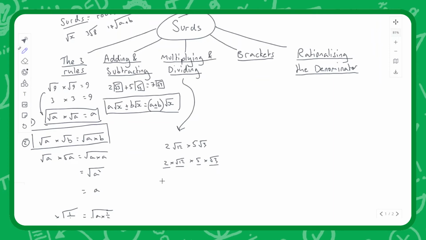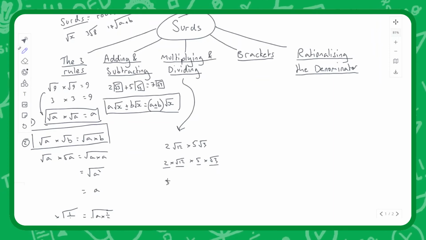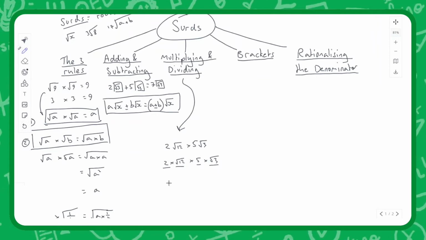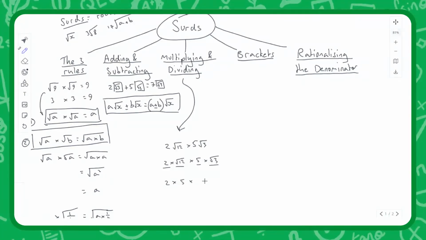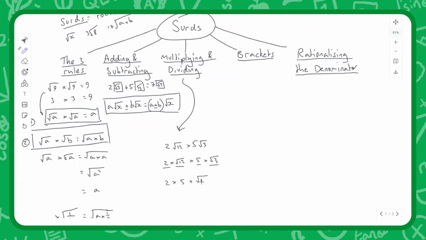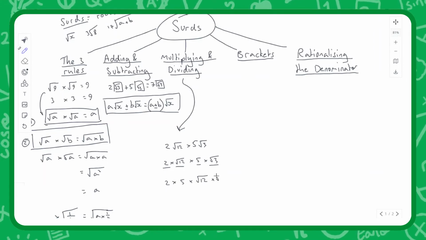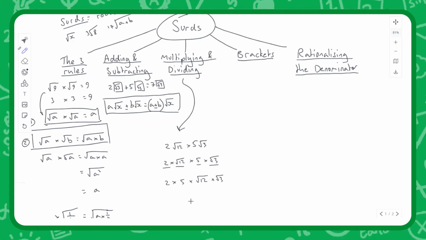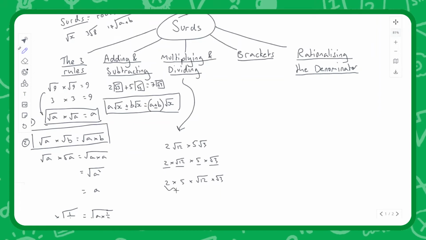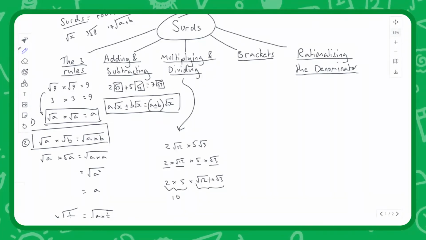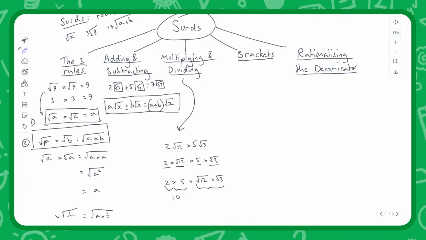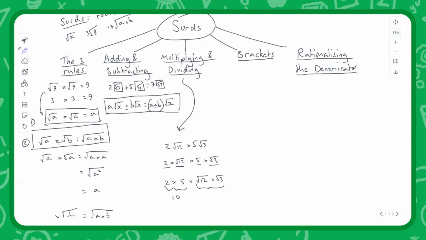So we can use this to our advantage, right? We can simplify things massively, and we can instead group our numbers together. So 2 times 5 at the start, and we can group our surds together at the end. In this case, it's root 12 times root 3. Well, we know 2 times 5 is 10. We know root 12 times root 3, we can use our second surd rule to our advantage.